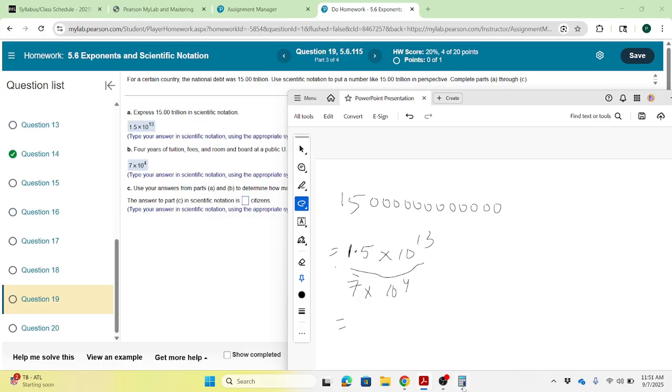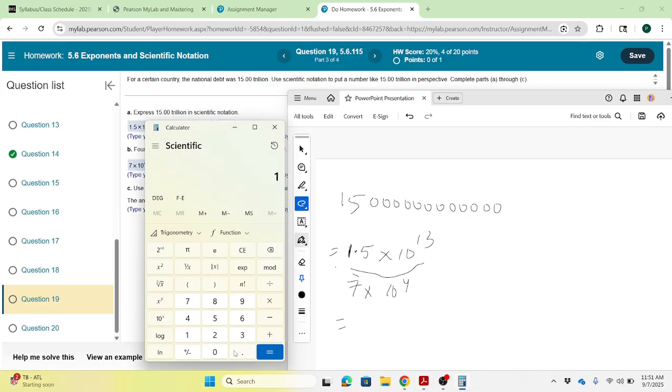Remember, 1.5 divided by 7 is a decimal number. Sorry about that. One more time, let me start. 1.5 divided by 7 is this number, and then if you simplify this, it would be 10 to the power 9, because 13 minus 4 is 9.